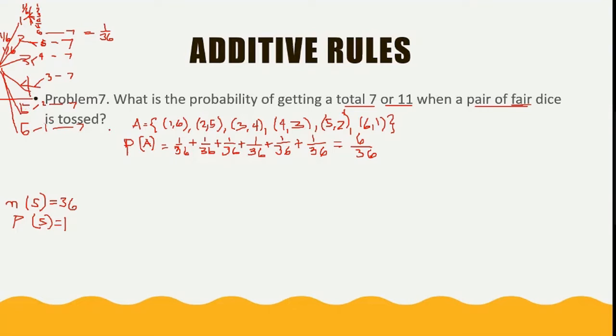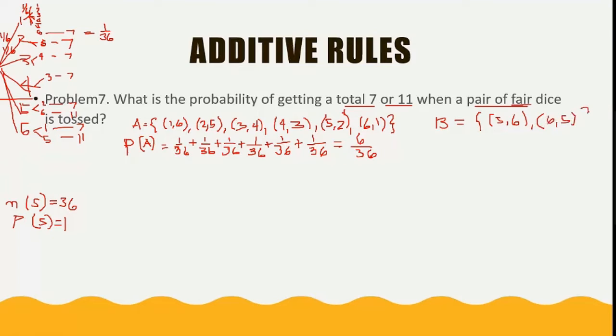For 11, we have 5 plus 6, right? And 6 plus 5. So there are only two possible combinations whose result is equal to 11. And these are again 5, 6 and 6, 5.